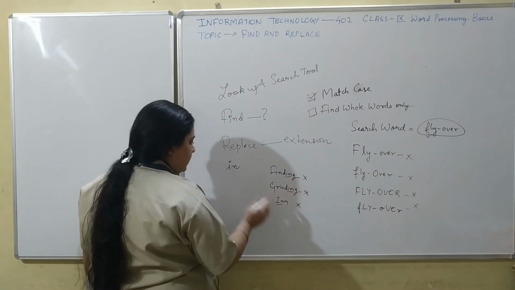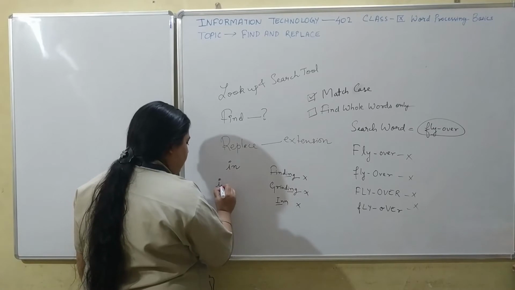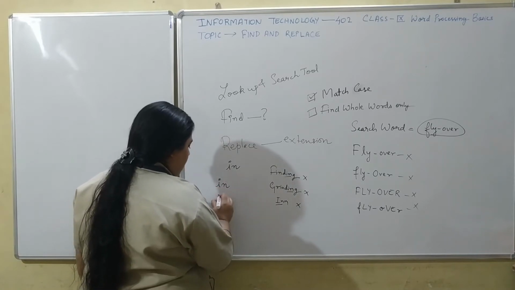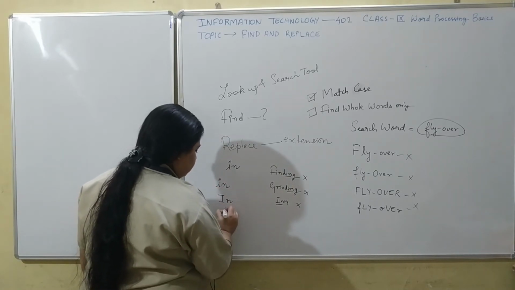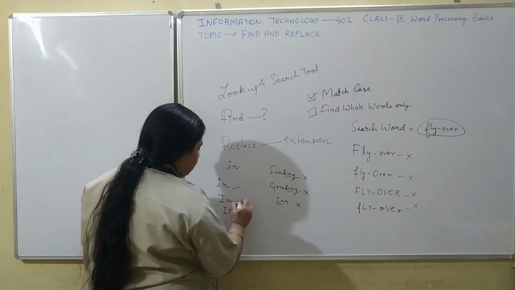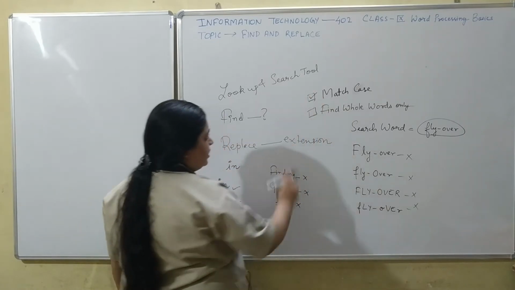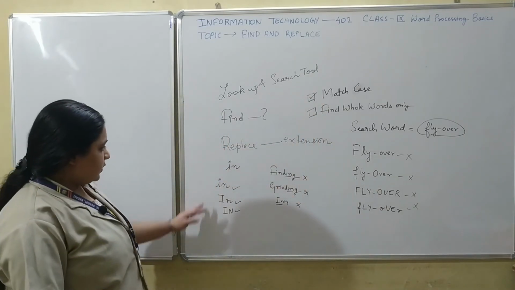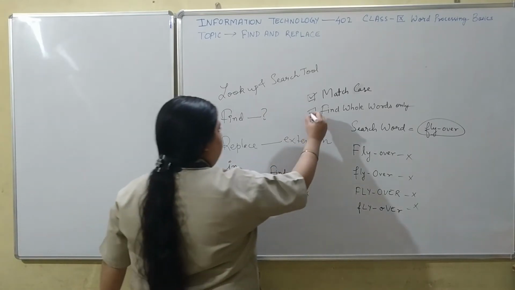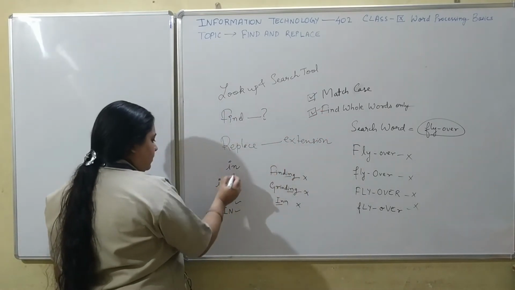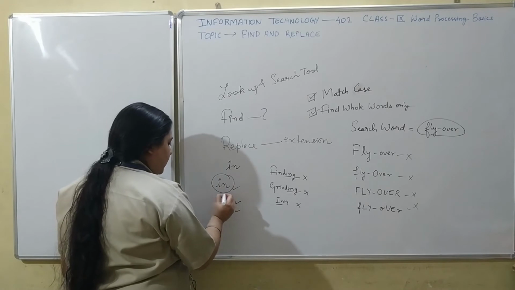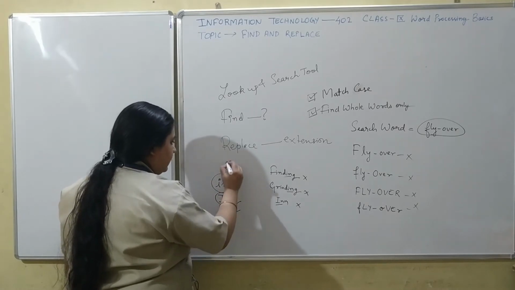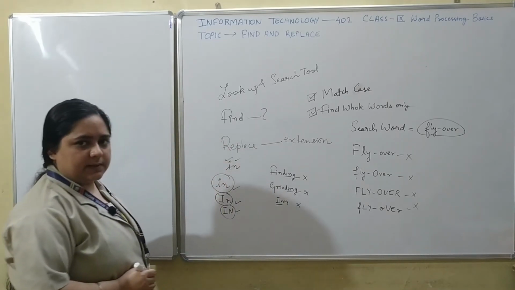Rather, I want to search for words which are only in or capital IN, any of these values, unless you have also checked match case. So when it comes to find whole words only, it is going to look for words which only contain these two letters.